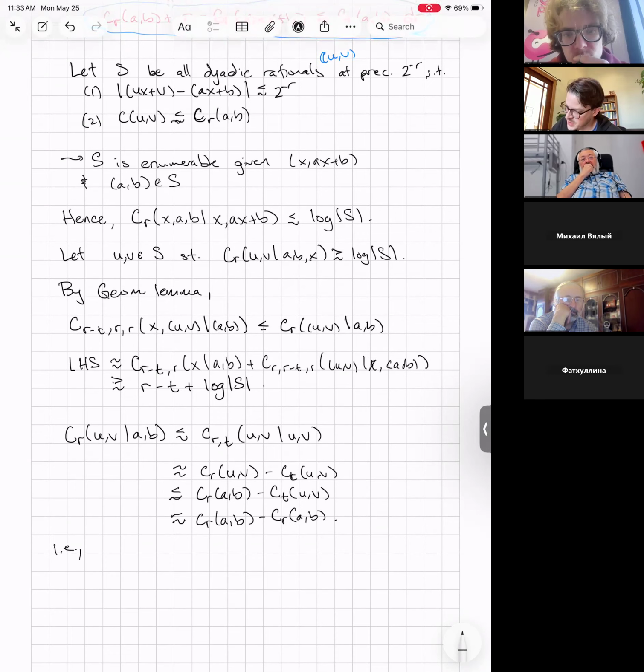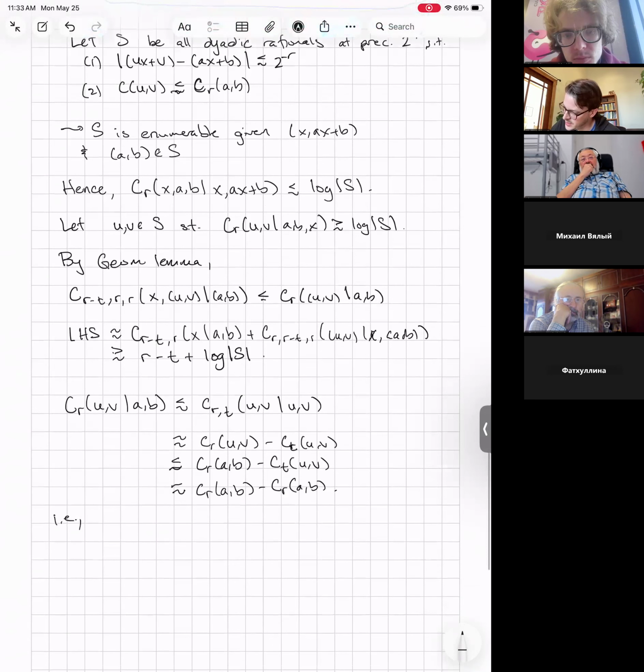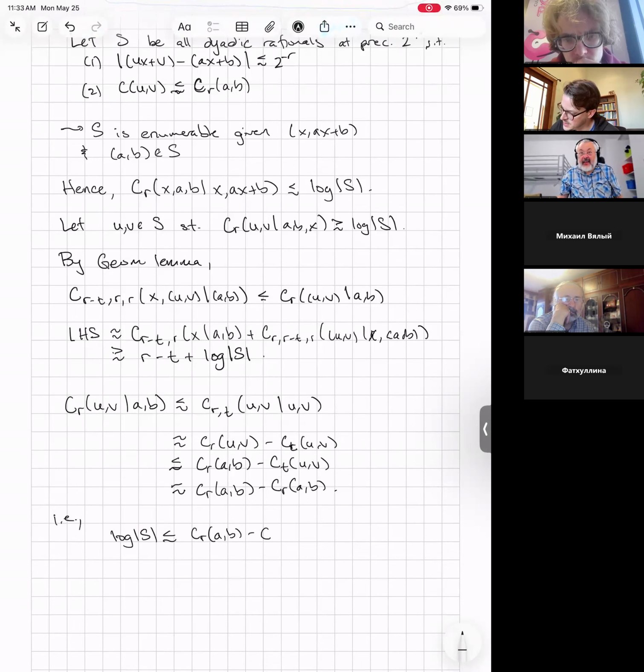In other words, combining these inequalities, we see that the thing I care about, the cardinality of S, is at most the complexity of AB minus the complexity of AB at precision t, minus R minus t.